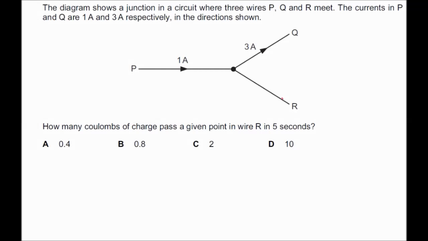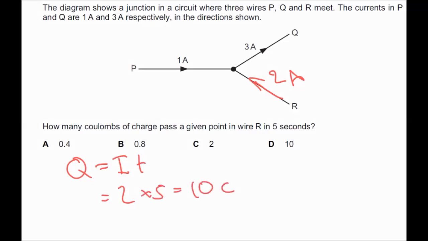So how many coulombs of charge pass a given point in 5 seconds? So Q equals IT. We now know it's 2, so 2 times by 5 is equal to 10 coulombs, which is D.